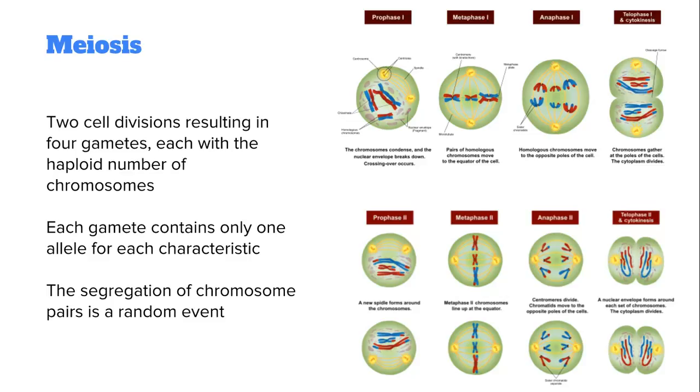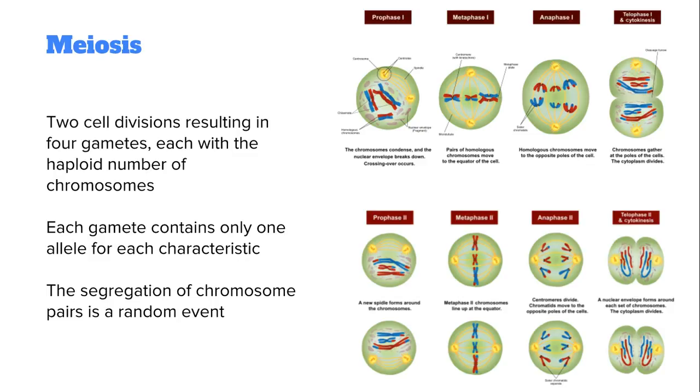So during the preliminary course, we looked at meiosis and the phases which make up the process of meiosis. It's a series of two cell divisions that produce four gametes, each with a haploid number of chromosomes. These gametes are responsible for fertilization that produces offspring.